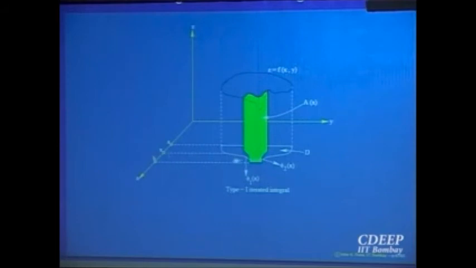For any point x, you will be moving from phi 1 to phi 2, these two curves. That is the inner integral, the area below the graph of that function. And this moves up, covers everything and gives you the whole of it.